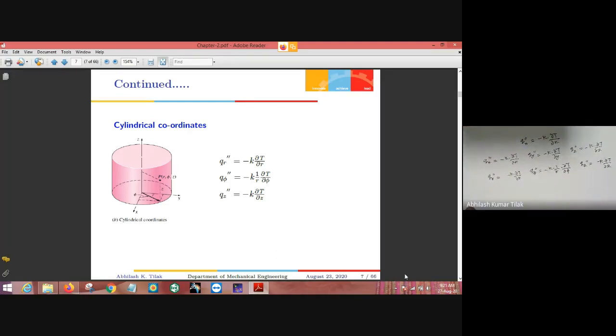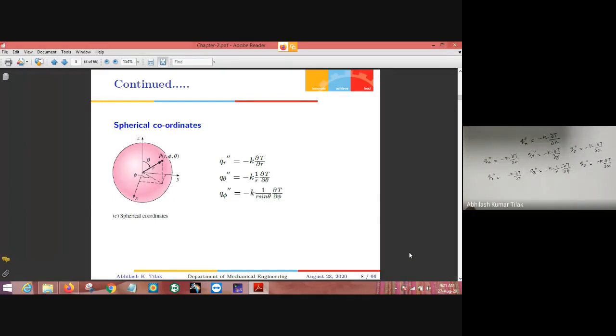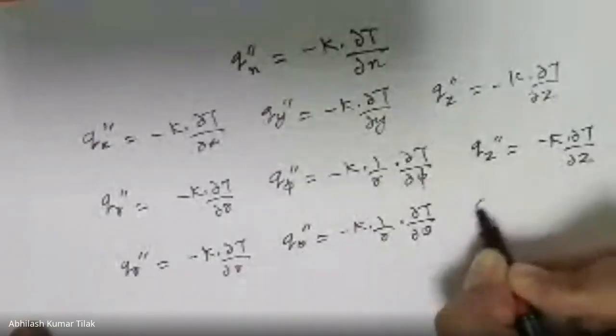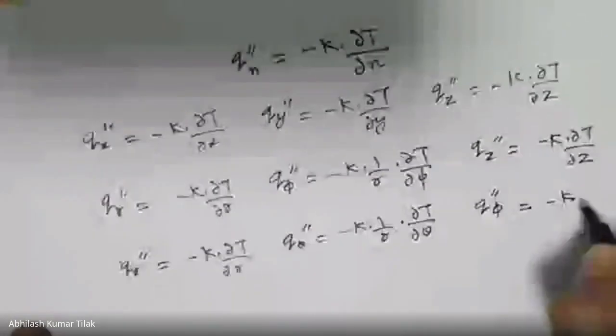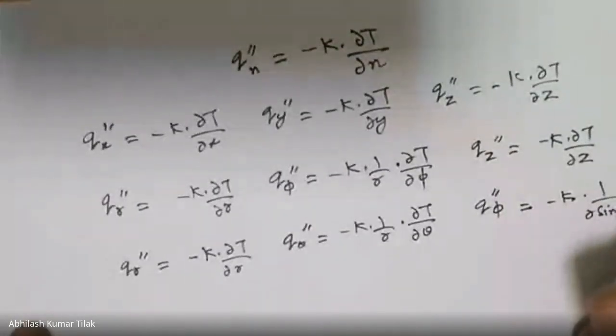Similarly, for the spherical coordinates, for the radial direction, you have minus k dou T by dou r. q theta is equal to minus k into 1 by r dou T by dou theta. q phi is equal to minus k into 1 by r sine theta into dou T by dou phi.